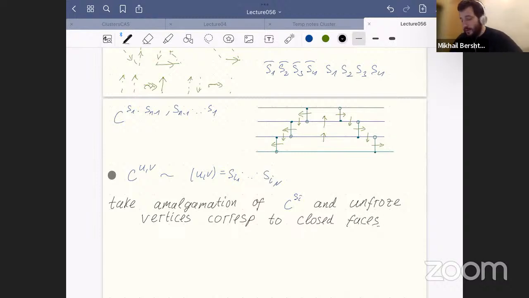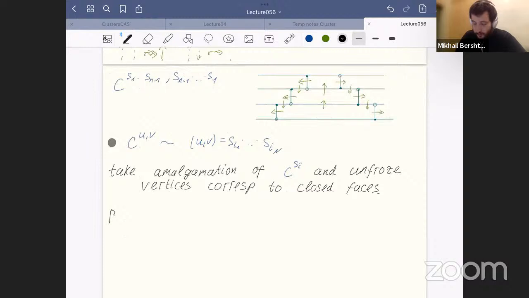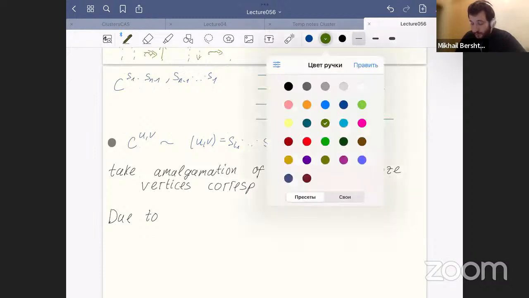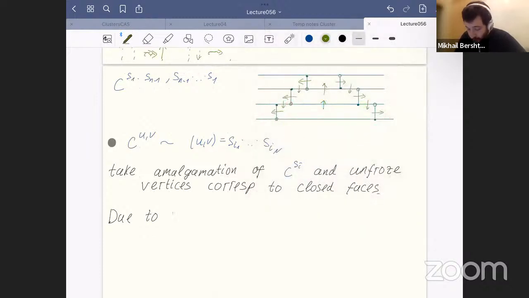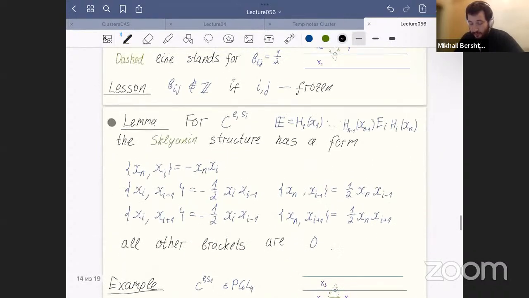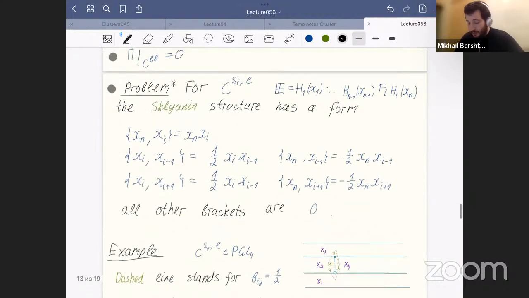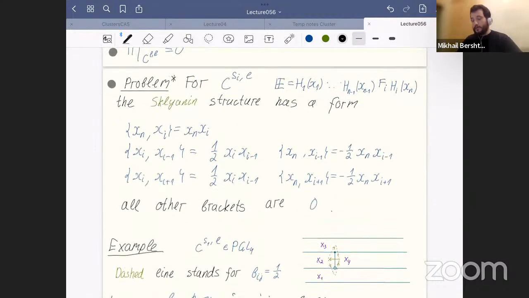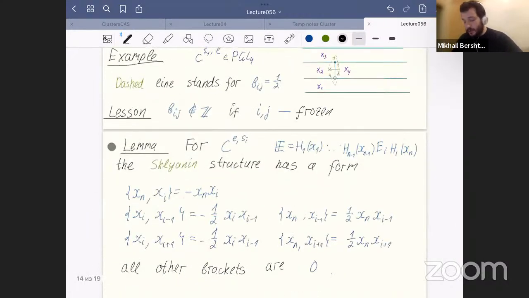And in this way, we obtain a quiver and a bracket, and due to the Poisson-Lie property and the lemma's facts which I mentioned above, this is the lemma that on the cell which corresponds to a simple reflection, this cluster bracket coincides with Klein's bracket.